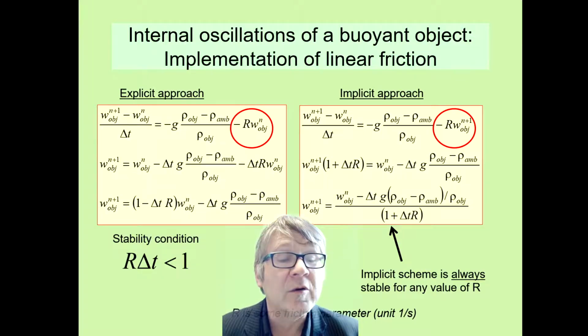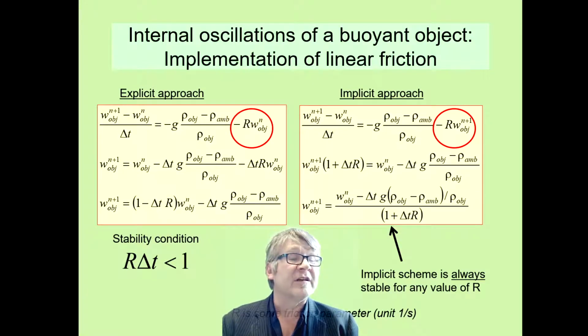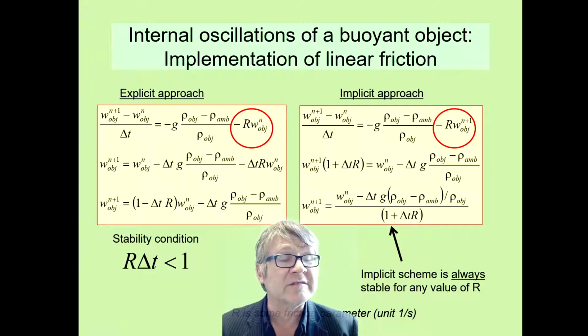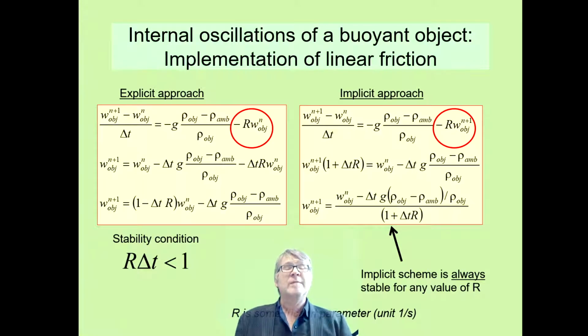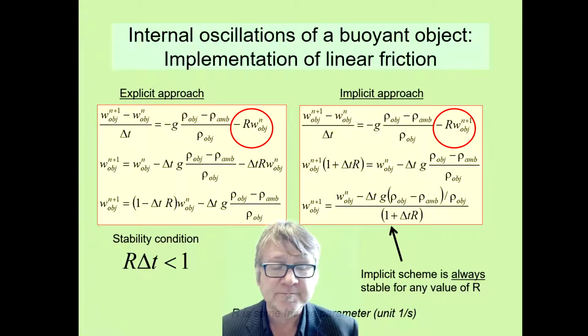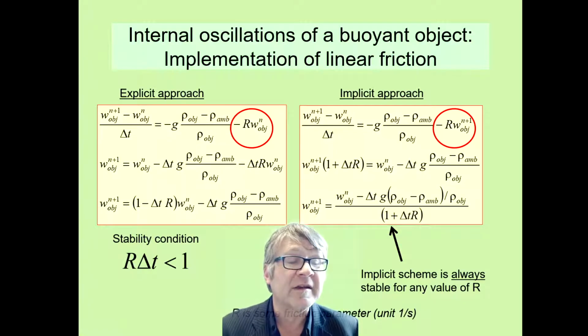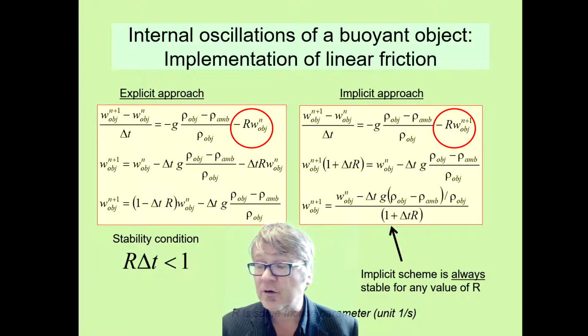All that happens now is you have the same as before without friction, but you divide the entire right-hand side of the equation by 1 plus delta t times r. This implicit scheme is always stable for any value. Technically, the unit of this friction parameter is 1 per second. This is what we call the linear friction approach.